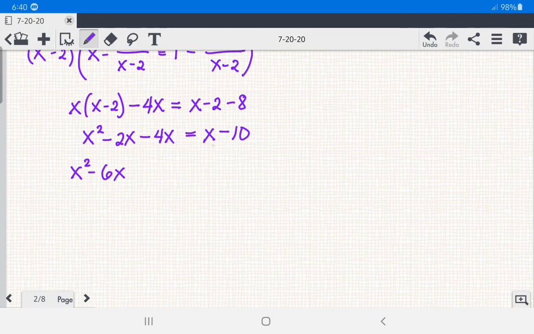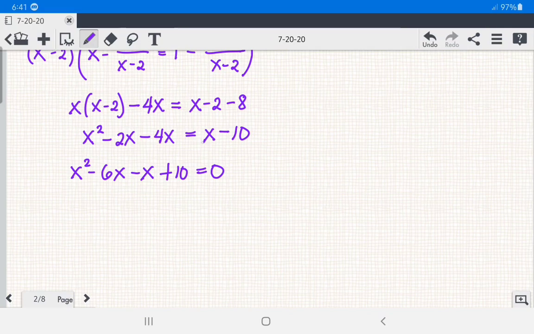Now, let us transpose x minus 10 to the left side. Once you transpose it, change the sign from positive to negative. So, we have negative x. Then, from negative 10, make it positive 10, equals 0.